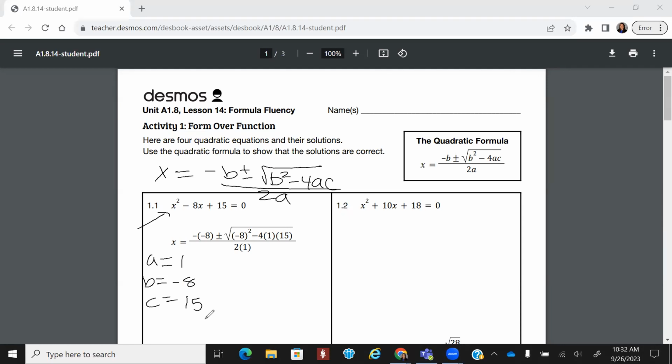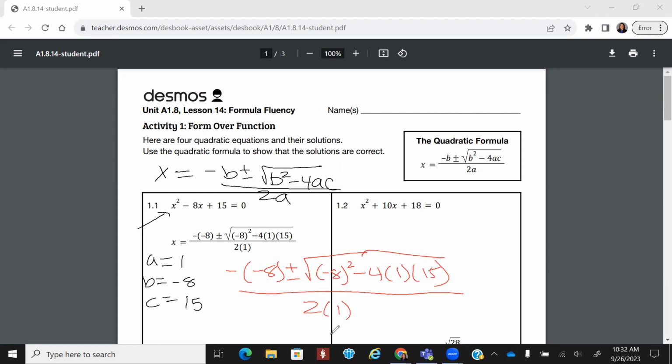The next thing that we're going to do is we're going to plug in. Okay, so we're going to say, and you do already have this on your paper, but I just want to show you just in case. You have negative 8 plus or minus the square root of negative 8 squared minus 4 times 1 times 15 all over 2 times 1.